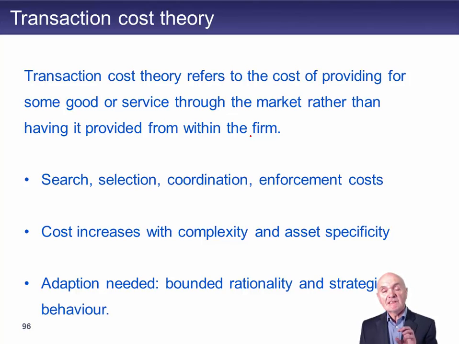Asset specificity is where the asset or the expertise, if you like, that the outsourcer is using has been created specially for you. So if you had very special requirements in your accounting, and the only way that the outsourcer could meet your requirements was to write a special bit of software, then the outsourcer knows, well, I can only use that software for you.